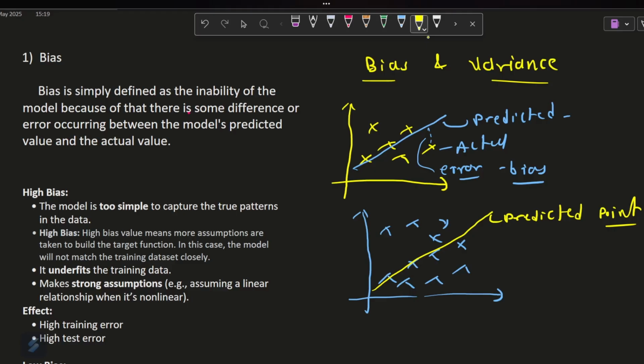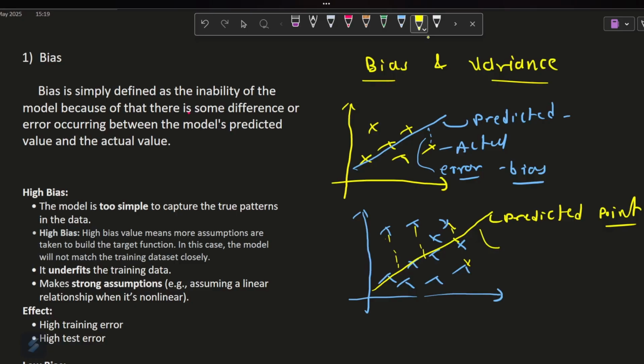So in high bias, the error between the two is too large. That is basically the high bias condition. It means the predicted point does not capture all the data points. This is a simple concept. You see that the data points are far away from the predicted point.